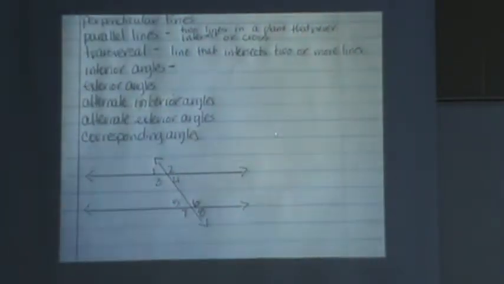Interior. What does it mean to be interior? Inside. So what do you suppose interior angles are going to be? An angle inside a polygon? Inside a polygon? We're not even talking about polygons.